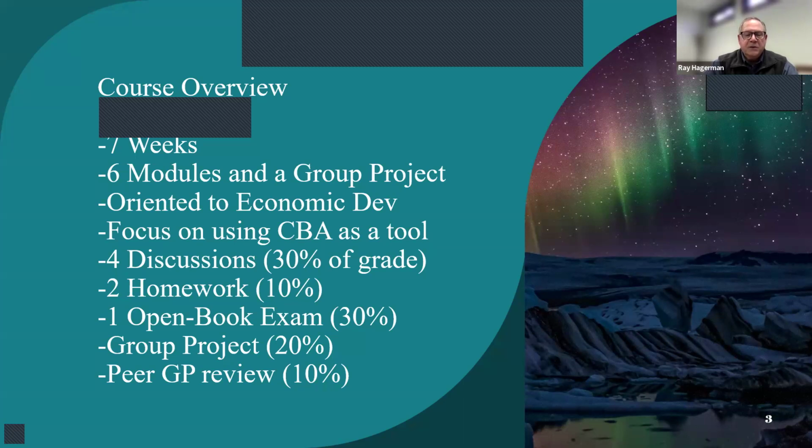Once again, the focus is going to be on how to do things, even more so sometimes than the underlying knowledge of things, although you need that too. This will be done in 6 modules along with a group project that will be due in the 7th week.